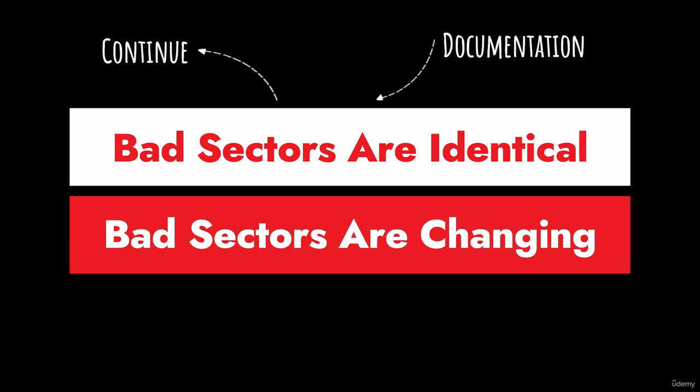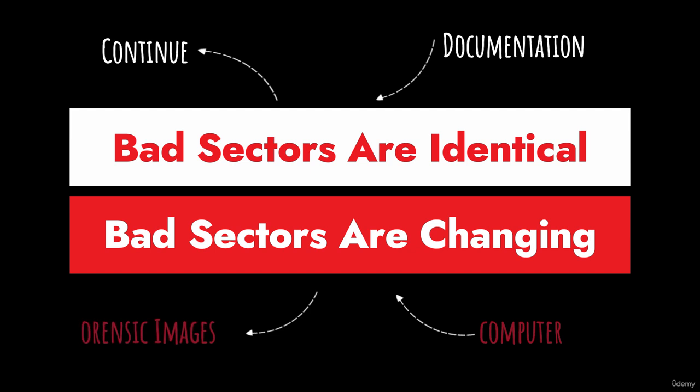But if the bad sectors are changing, then first you try the whole process on a completely different computer, just to make sure it is not the reading PC that is causing the bad sectors. If the bad sectors keep moving, then I suggest taking at least 2 to 3 or 3 to 4 image copies of the suspect machine.